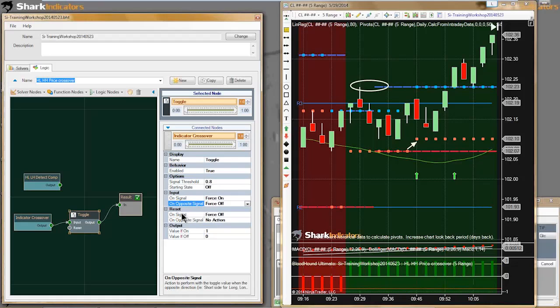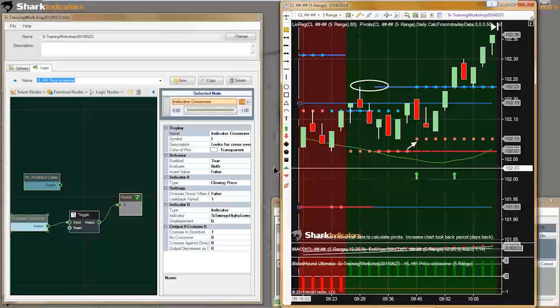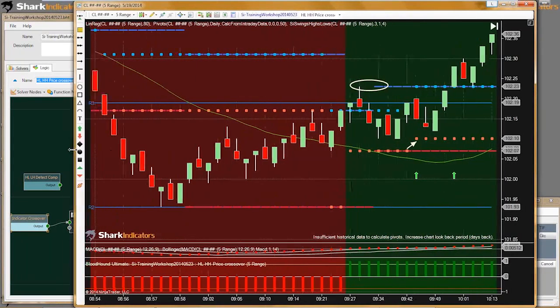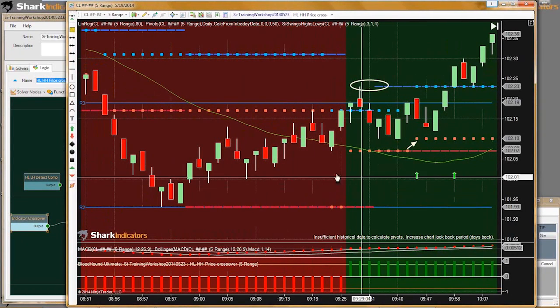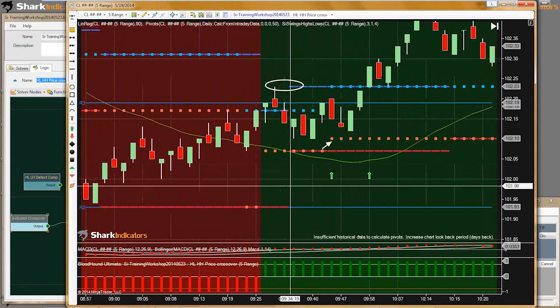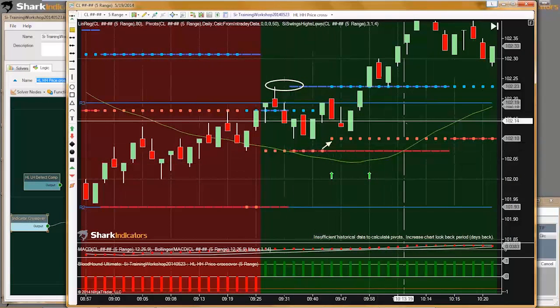And the reset, we will need to use the reset and force this toggle node off, I believe. I'm not sure if we need to change the on opposite signal, so I'll just leave it as it is. And so what I've created right now is telling us when we're getting higher lows forming.